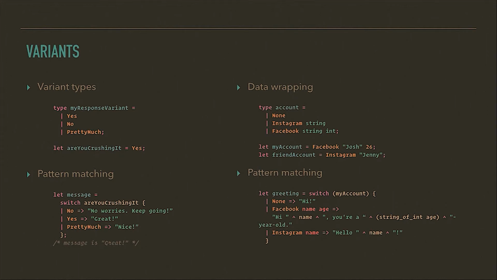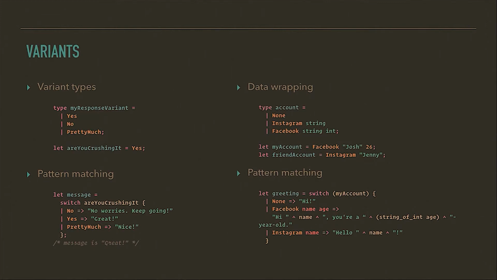So we can annotate that type like above by just passing other types into our variant. So we've got none that takes nothing. Instagram might take one string. Facebook here will take a string and an integer. And to create these types and store them in a variable, we'll just pass our data into them. So we've got Facebook, string, integer, Instagram, just somebody's name, one string.